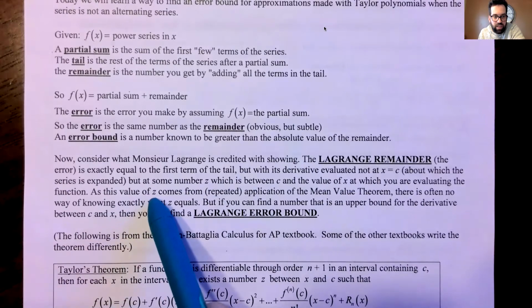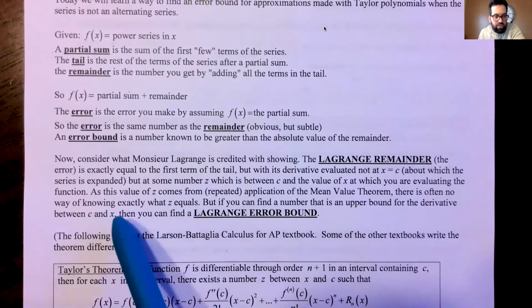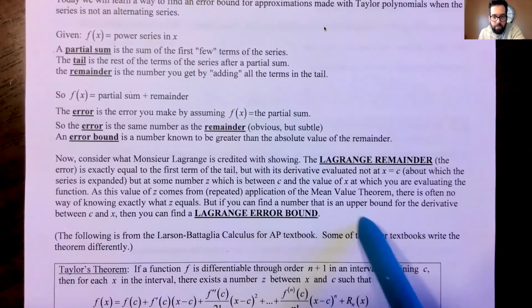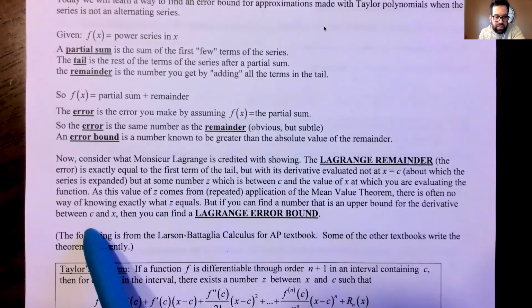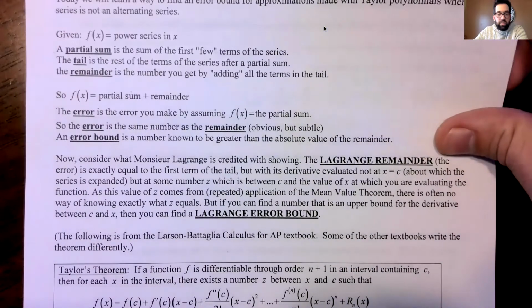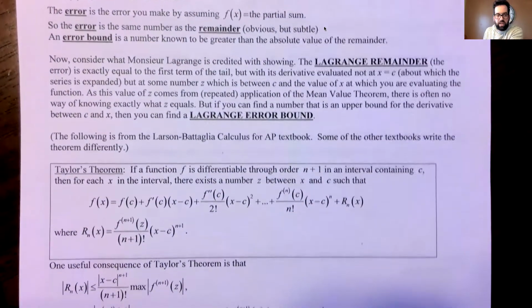This value of z comes from repeated application of the mean value theorem. There is often no way of knowing exactly what z equals. But if you can find a number that is an upper bound of the derivative between c and x, then you can find a Lagrange error bound. I'm not expecting you to understand what all of that meant, but hopefully a little later on this page, it'll make a little bit more sense.